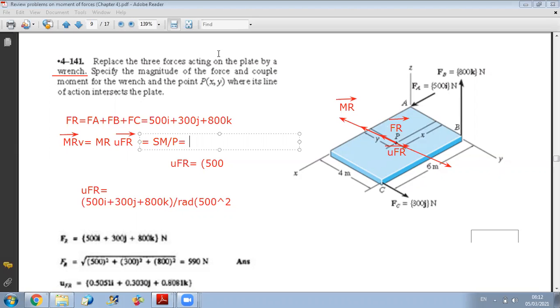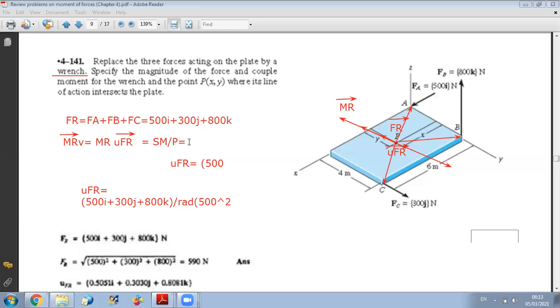First, FA is passing by point A, so the moment of FA about P is PA vectorial FA. The moment of FB about P is PB vectorial FB, and the moment of FC about P is PC vectorial FC. We also have another method, I will do it with you now, but let us do the first method.